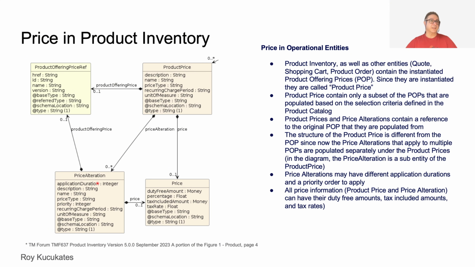So you can have 6 months as alteration duration as a recurring charge, and a 10% discount. So this price type, the product price with the price alteration, is the populated entity in the product inventory.